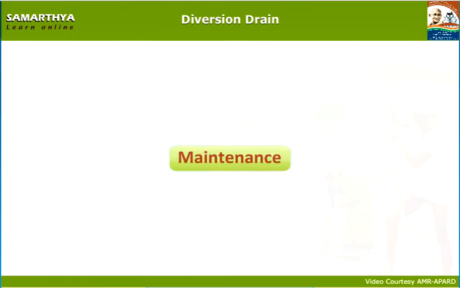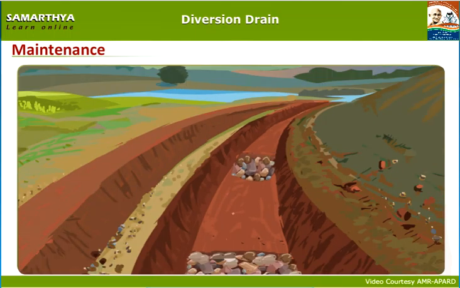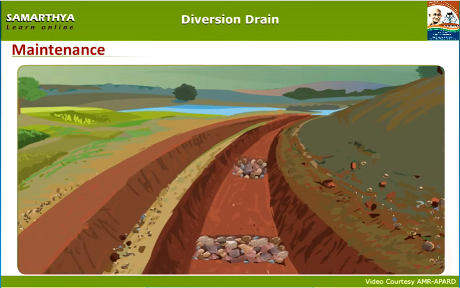Maintenance. It is important to dig the diversion canal according to the accurate measurements and make no mistakes about it and join it with the natural stream. But it is also necessary to maintain the diversion canal efficiently.